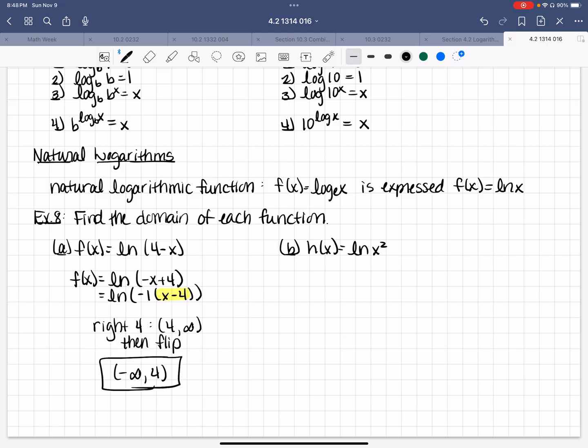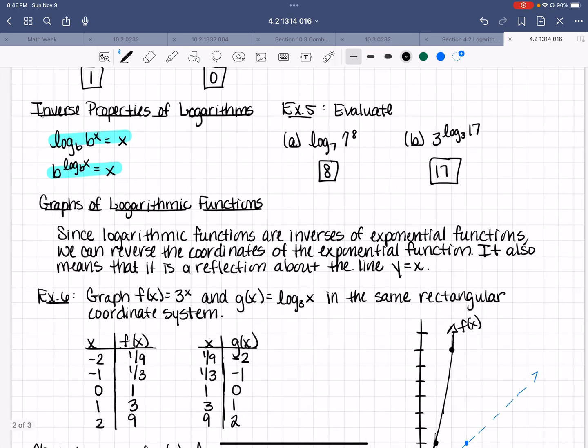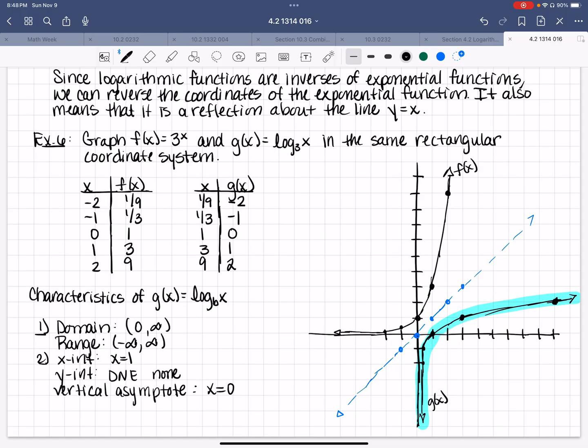Okay. Now let's think about h of x equals the natural log of x squared. Well, guys, usually we can only use positive x's, right? Think about what our domain was over here. Our domain is always 0 to a positive infinity. Now, it's never actually 0 because we've got that vertical asymptote there, but we can only use positive x's. Okay, well, that's because we can't take a number to a power and get a negative answer back.